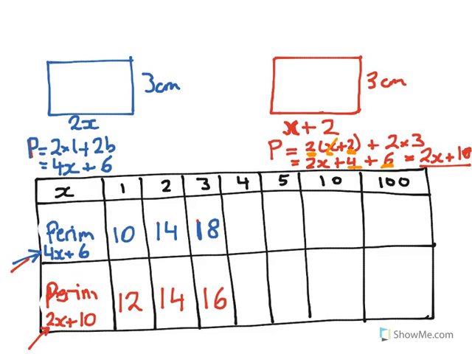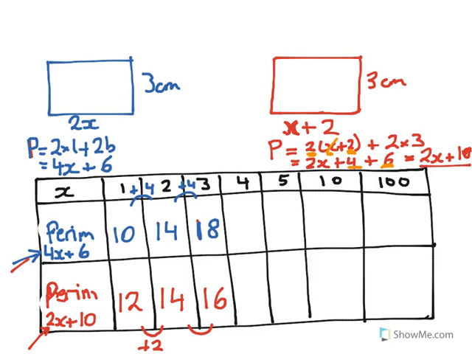So we're starting to see a little pattern here. In the red rectangle, we are adding 2 each time, whereas in the blue rectangle, when we're increasing x by 1, we seem to be adding 4 each time. Let's check another one and see if this pattern is correct.